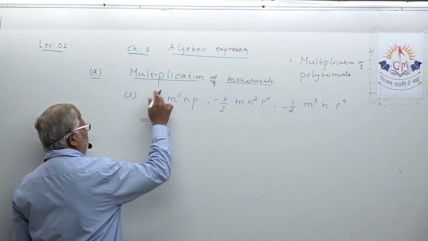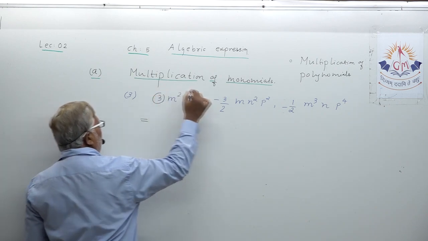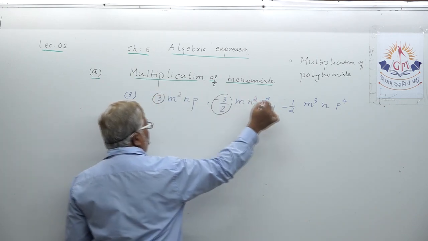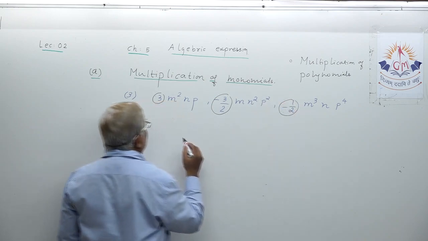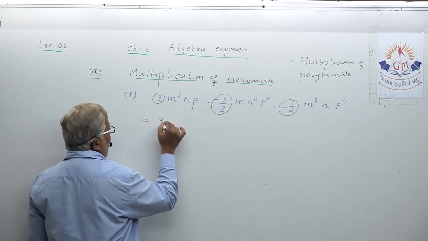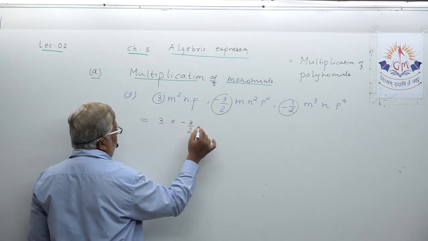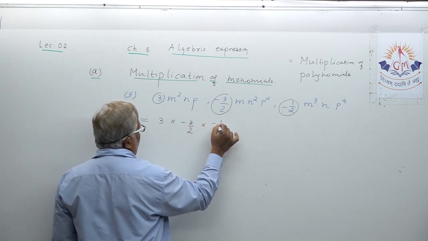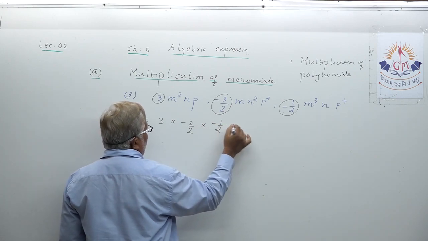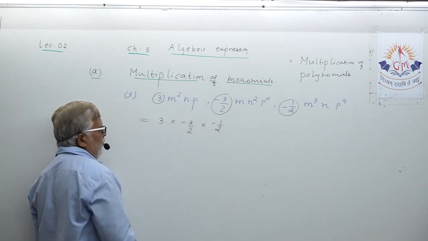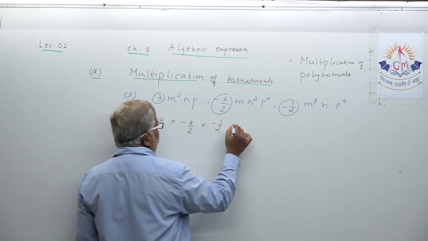Let me write all numbers. Okay. First, I will write 3 into minus 3 upon 2 into minus 1 upon 2. I have written all numbers. Okay.